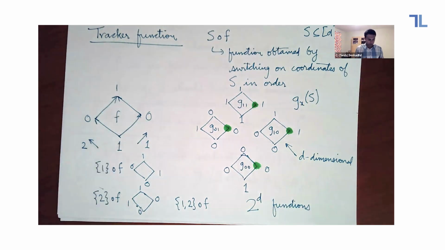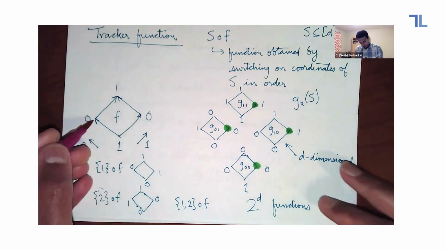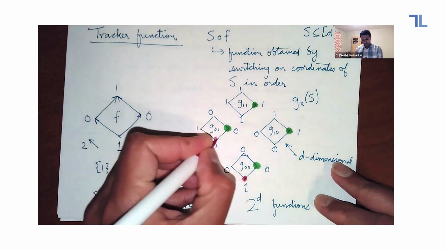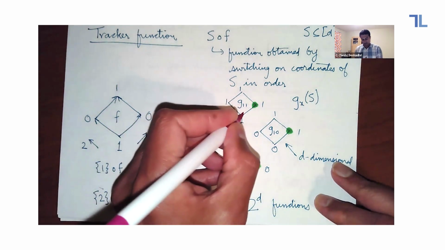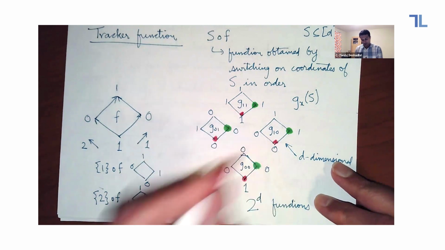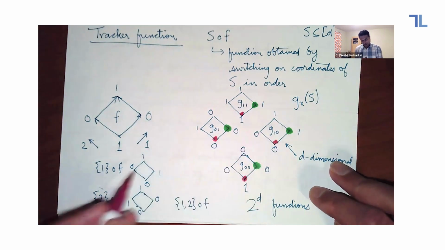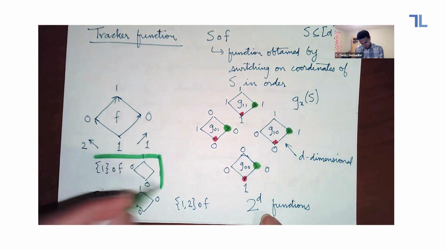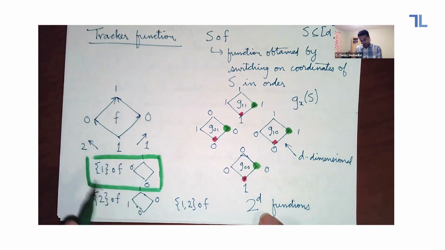So one way to look at this is, let me use some colors here. The original function is the red part, because this is the 0 subset. The green function is what's here.